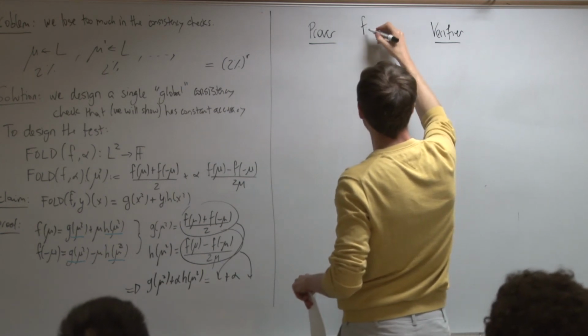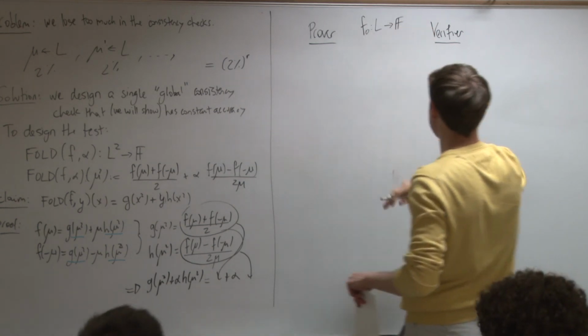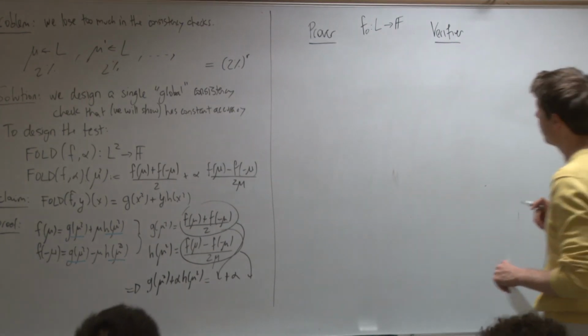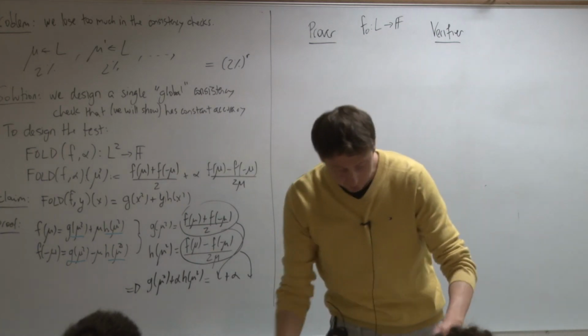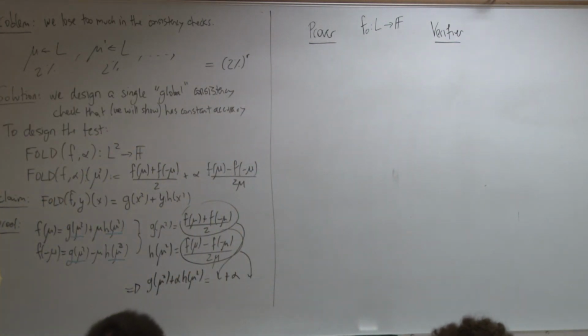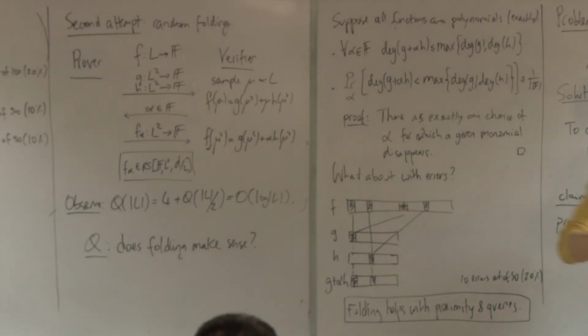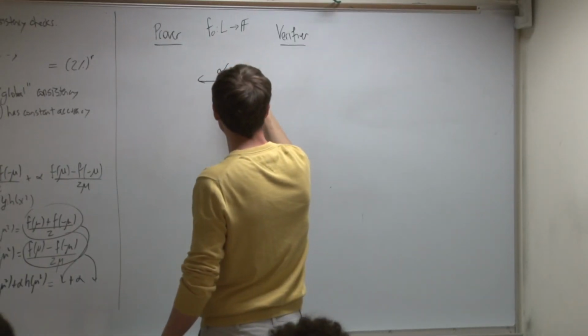So I will start with f, which I will call f0, because we'll have functions coming down. I don't need g or h, so the prover will not send them. I'll send alpha, in this case alpha 0.